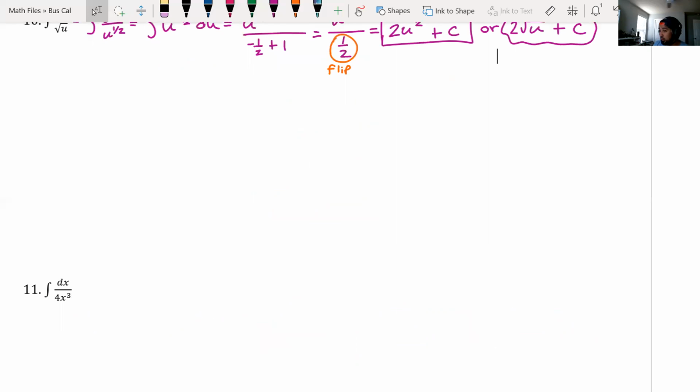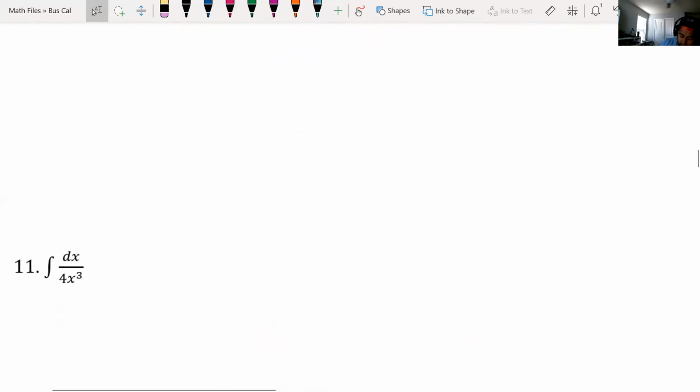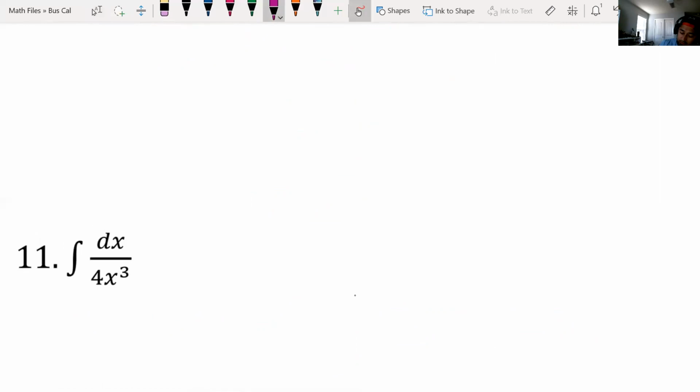11. The integral of dx over 4x cubed. Of course, rewrite it again. So we are going to take out the fraction of 1/4.